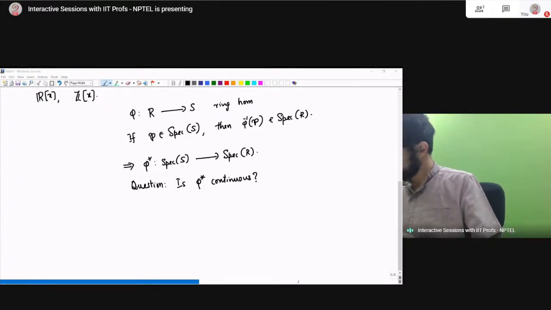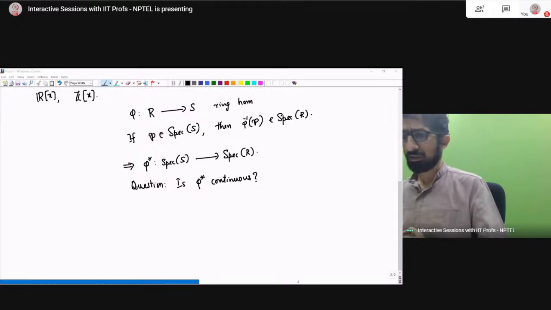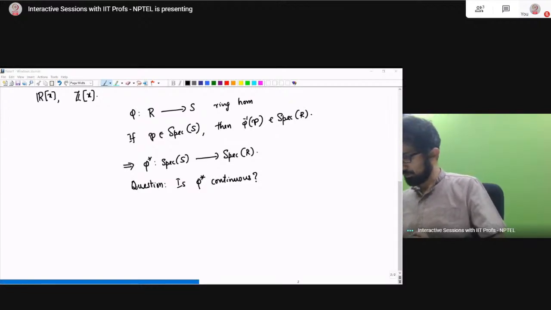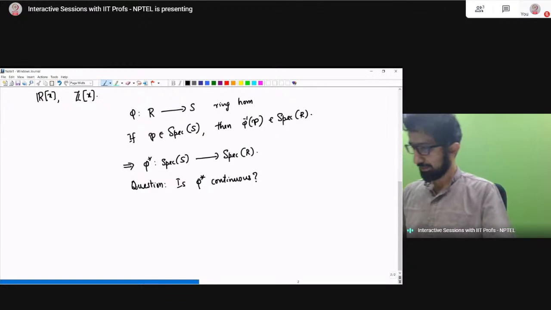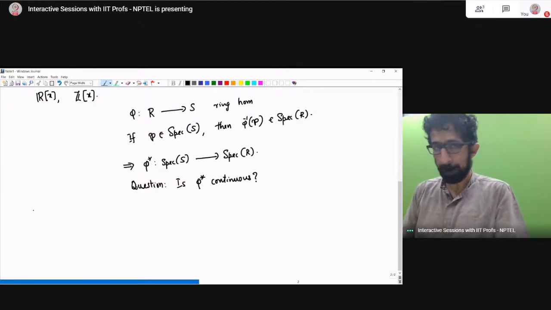How do I remove this? Oh, sorry. I think I was looking at different. Okay.